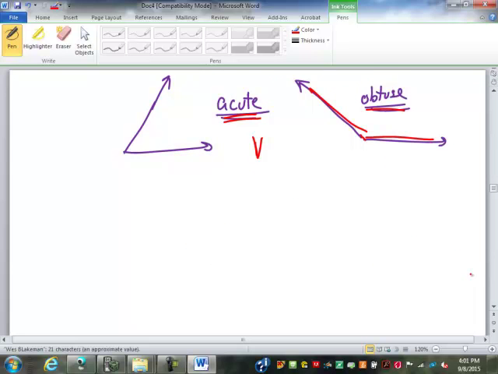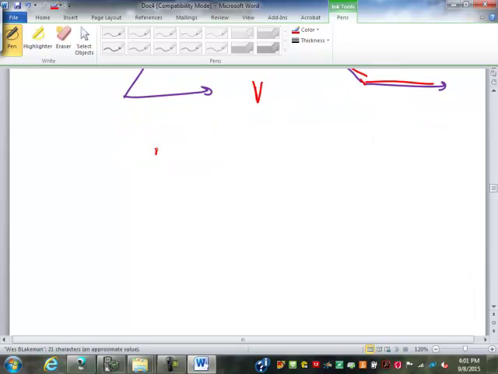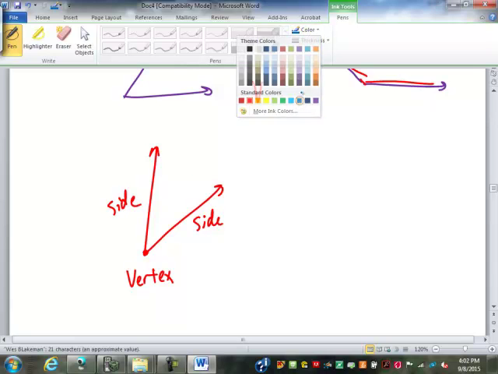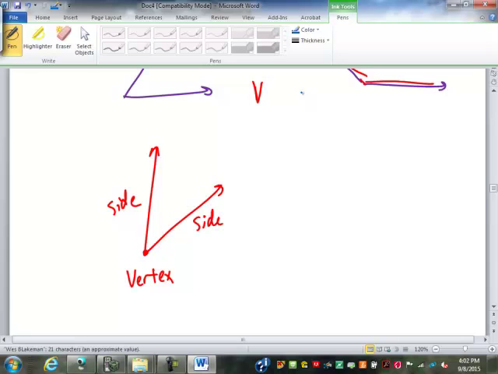So anyway, looking at these angles, then we can define some of the parts. That starting point that both rays started at is called the vertex. Each ray is referred to as a side of that angle. Quite often we label points with letters.